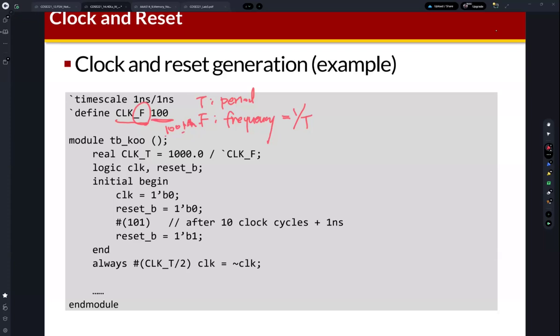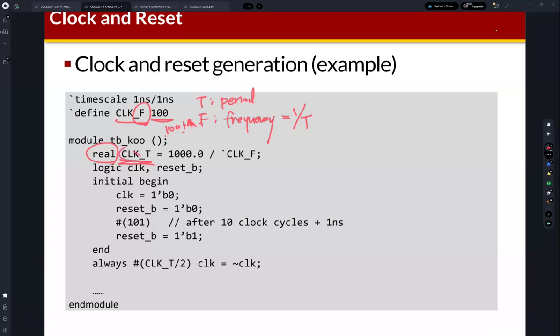So you can find clock_T here. I just declare the clock_T variable using the real data type. So this means clock_T is a real number, like a floating point number.